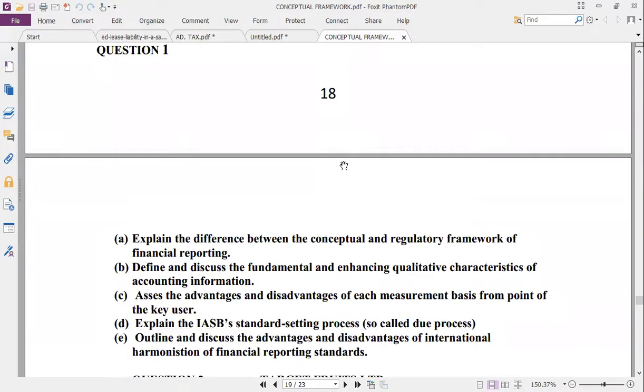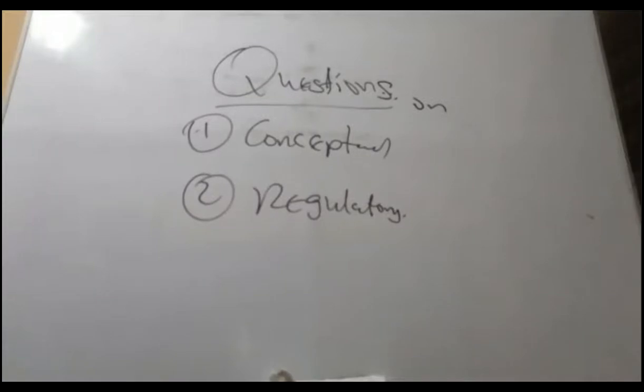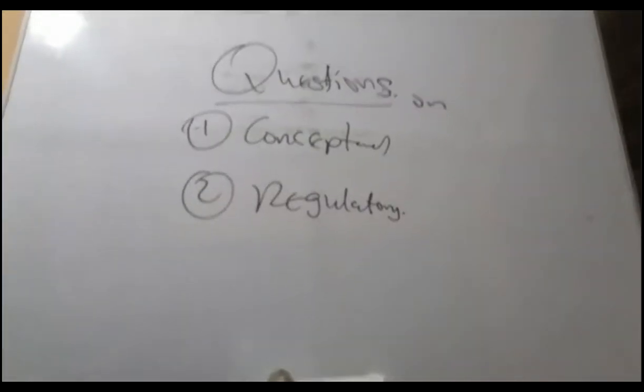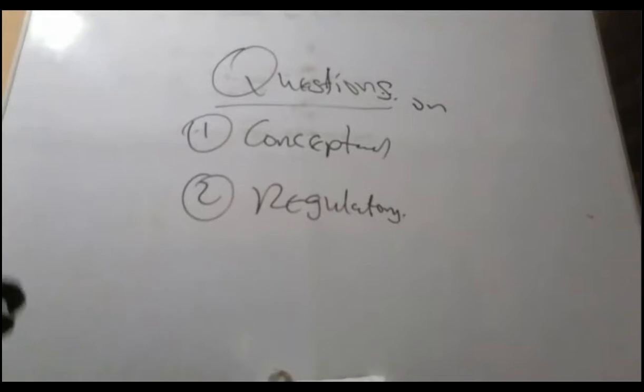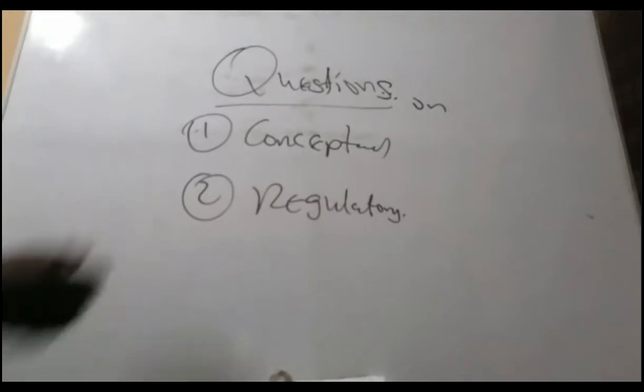So question one, explain the difference between the conceptual and regulatory framework of financial reporting. Right, that's the first question. How do we approach this? Basically, they are just looking at the difference between conceptual and regulatory framework.